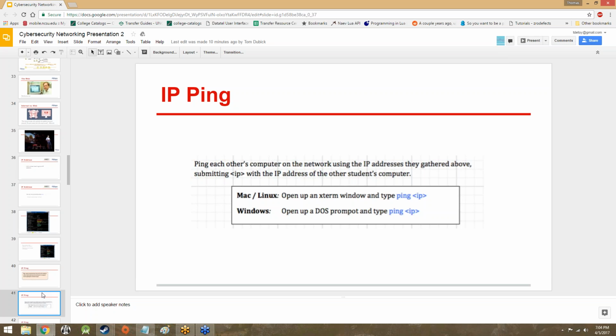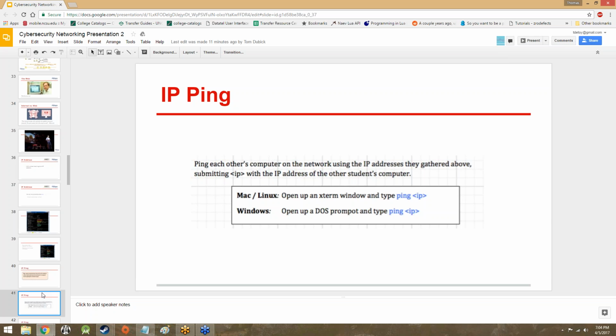You can ping through the console window or the terminal of your operating system of choice by just using the ping command and then putting an IP after the space. An IP address, not just the letters IP. It's not going to mean anything, but you need to put an actual IP address. You can also put web addresses because that's one of the nice things about the DNS, the domain name service.